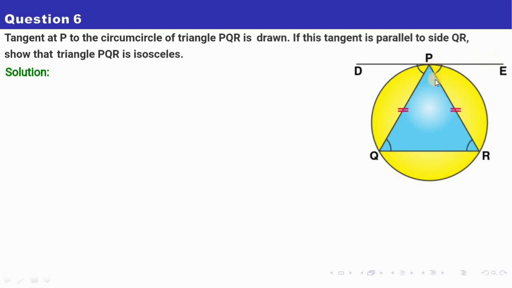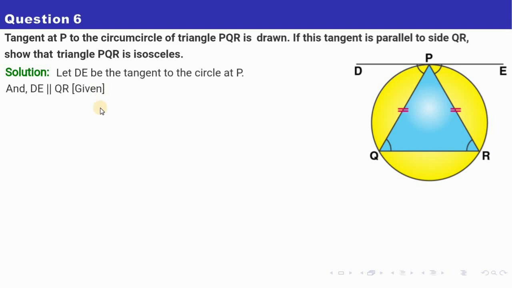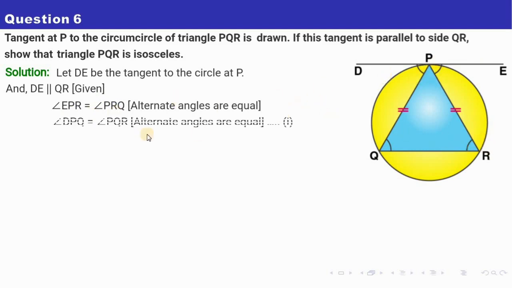Again this angle and this angle become your alternate angles and they will be equal to each other. So EPR, that is this angle, will be equal to PRQ, that is this angle. Similarly, DPQ, that is this angle, will be equal to PQR, that is this angle. Hope this is clear to you.